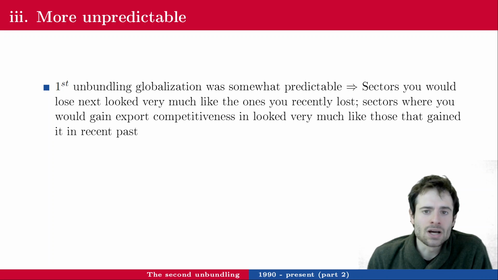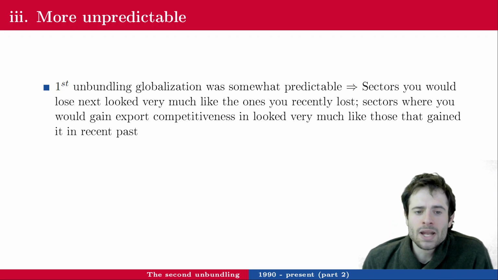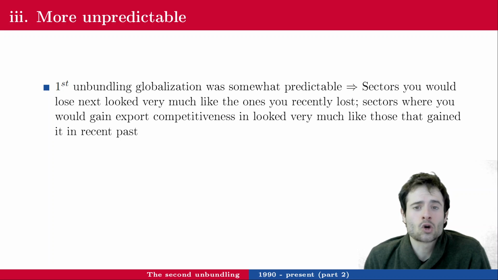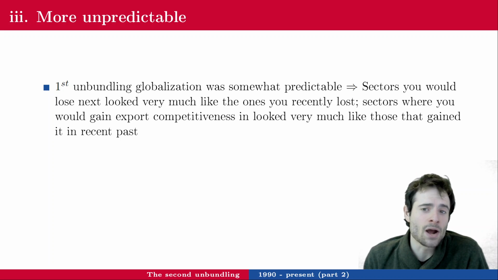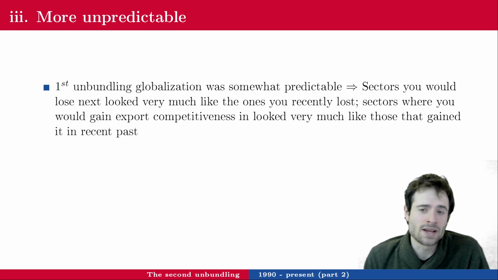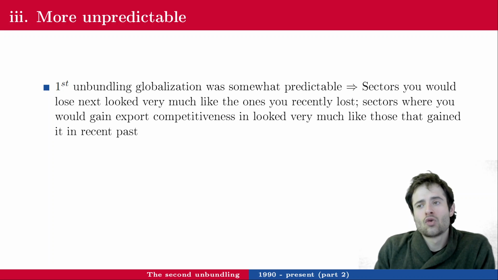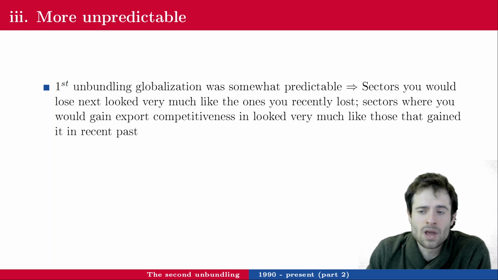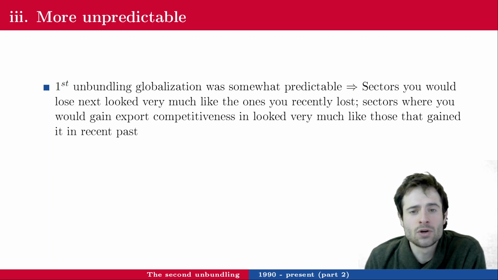The third aspect of the second unbundling is that now it's more unpredictable. The first unbundling, globalization, was predictable in the sense that if you see one sector go down, you can predict that the next sector is going to be close enough to the one that just went down. Or if one sector is in demand or rising, you can expect related sectors to also be rising in the near future.